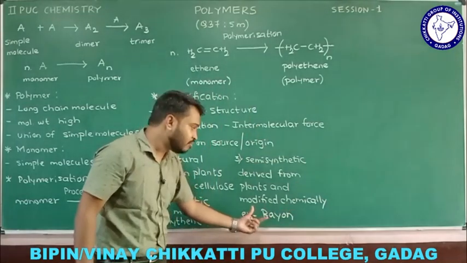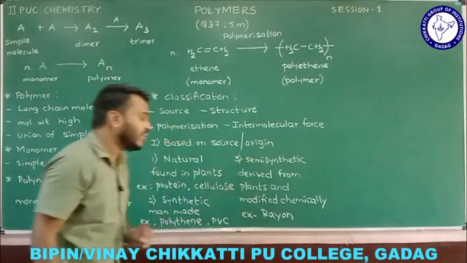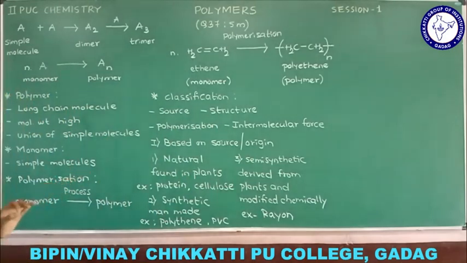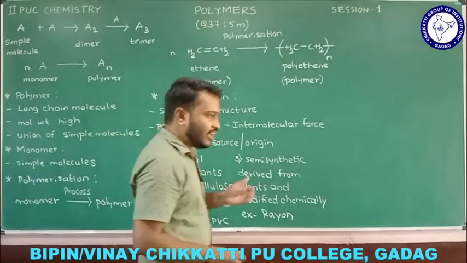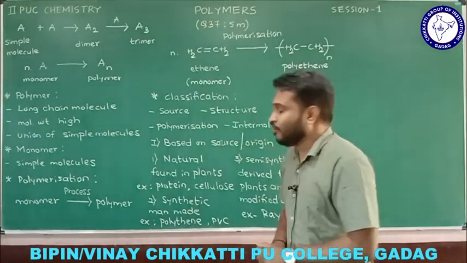So rayon is nothing but a derivative of cellulose, and rayon is an example of a semi-synthetic polymer. So this is how we classify polymers based on source, origin or availability, and the types are natural polymers, synthetic polymers, and the third one is semi-synthetic polymers.